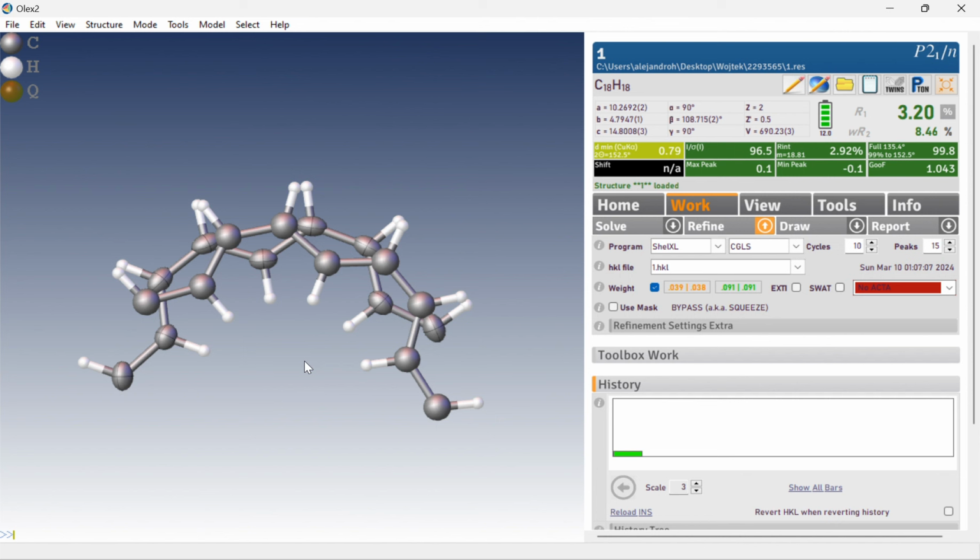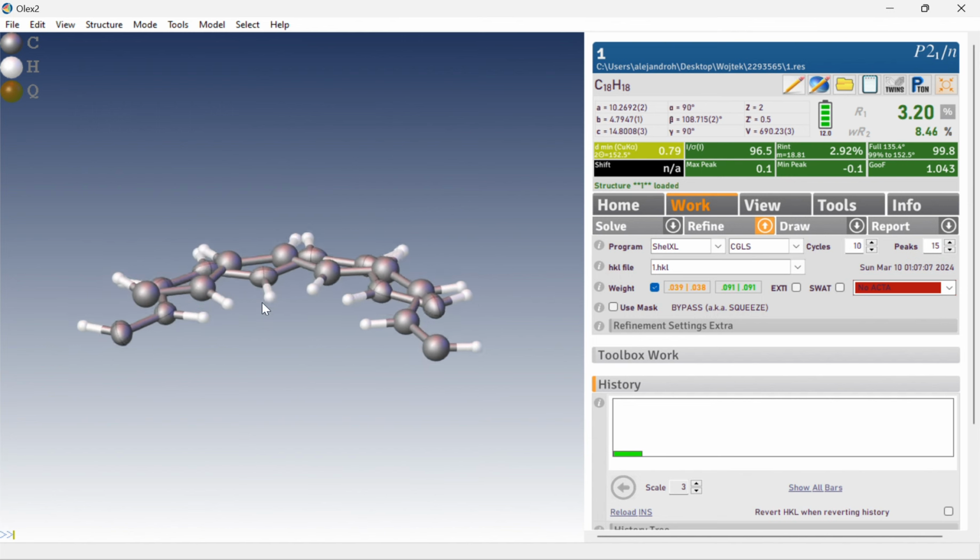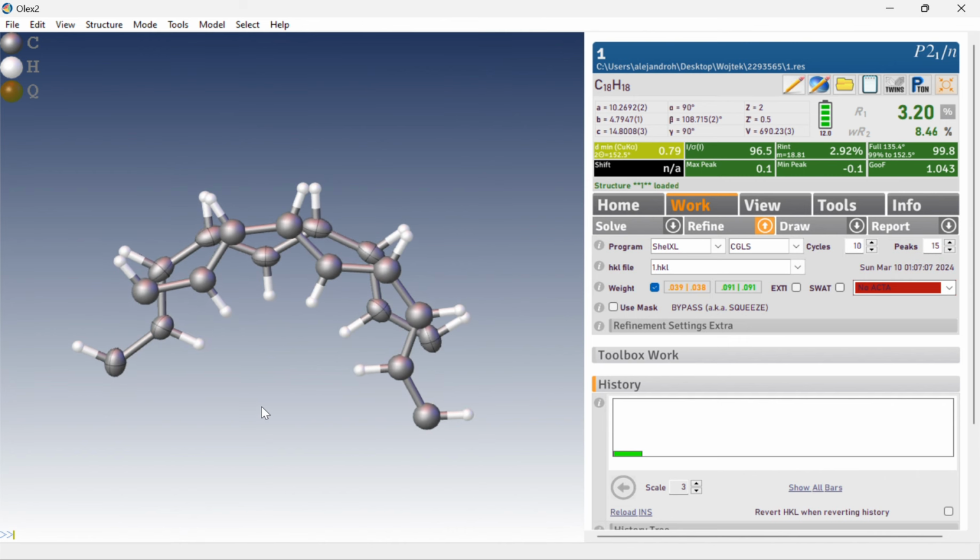It still doesn't hurt to put them in, with reasonable strength. But in general, if we have a very good data set, very strong data, sometimes we don't really need to put restraints at all. It's always a good idea to start with restraints, and then you can see, if you delete them, how it impacts the model.